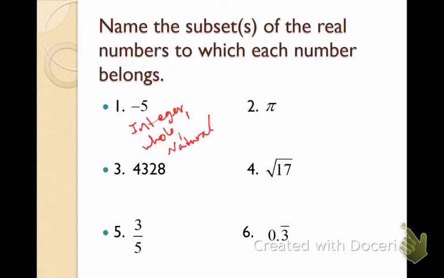Pi, I've already said, is an irrational number and cannot belong to any other subgroup. Try to figure out the next 4, and I'll show you those and see if you're right.